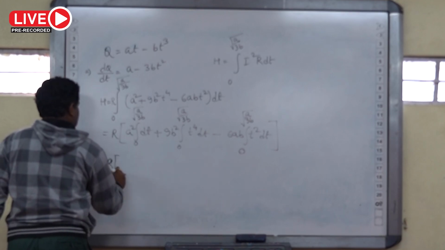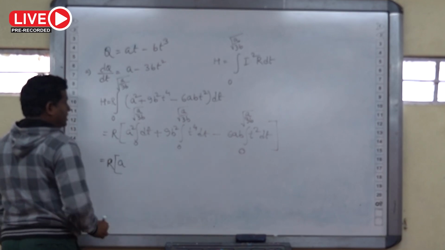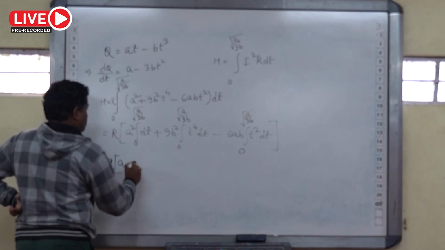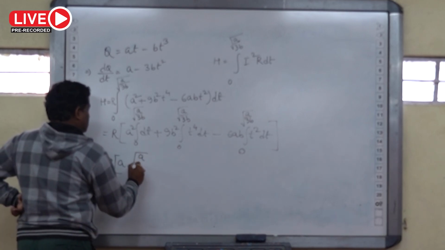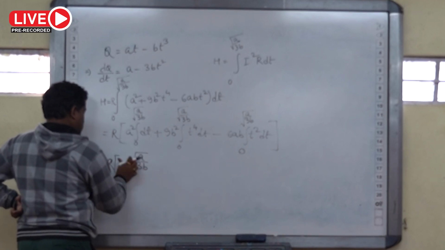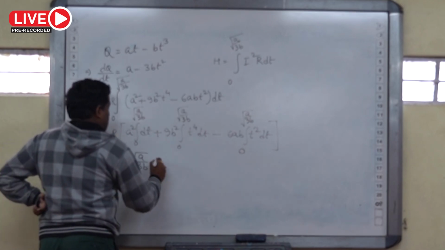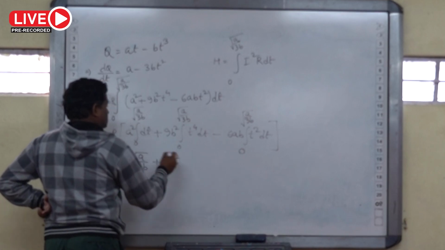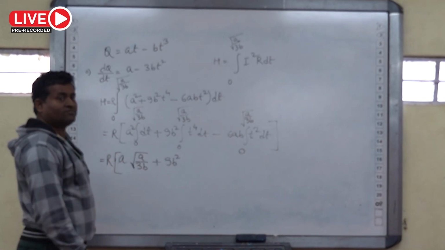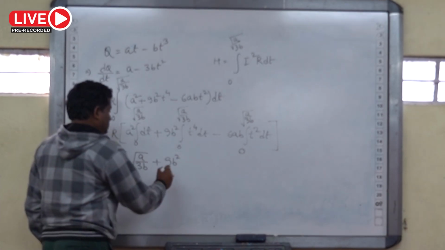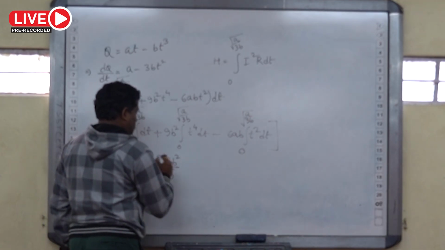So it will be R, this one is t, so it will be root over of A by 3B only. Plus 9B square, it will be t to the power 5 by 5. So 5 is coming out.